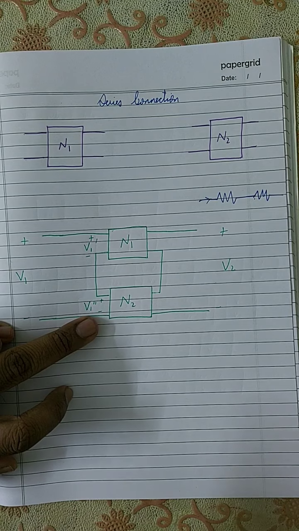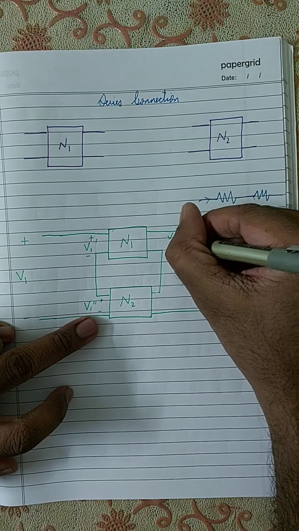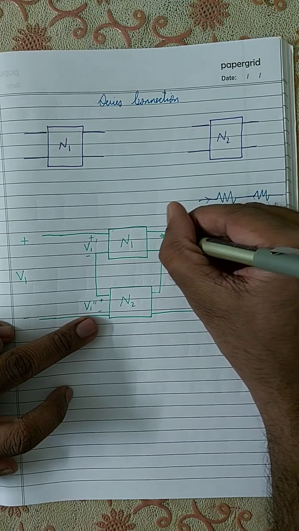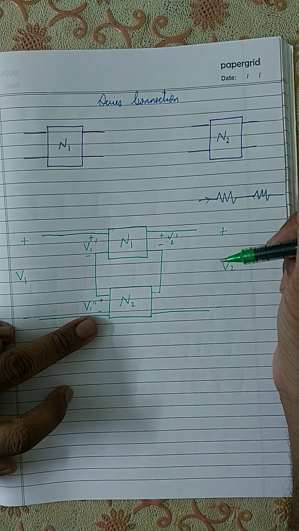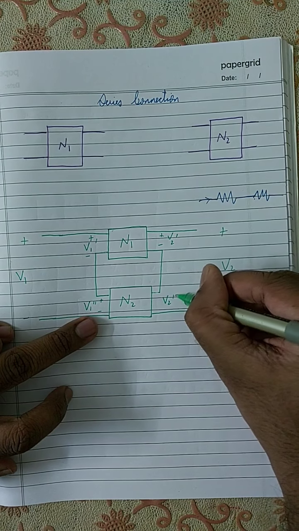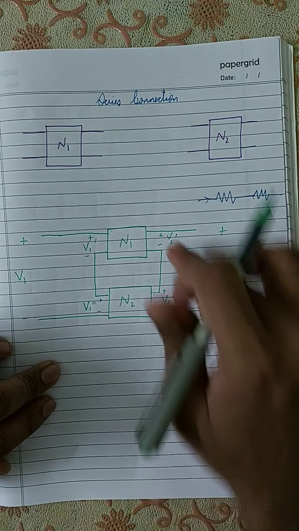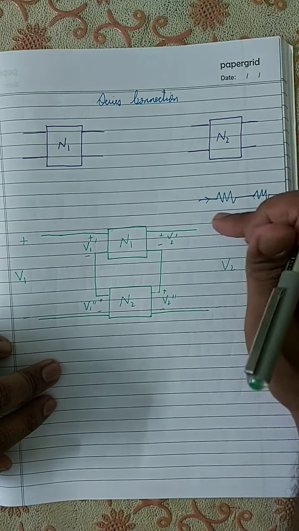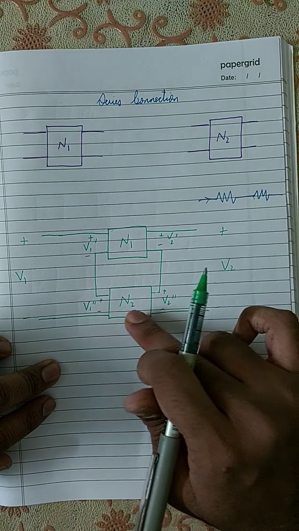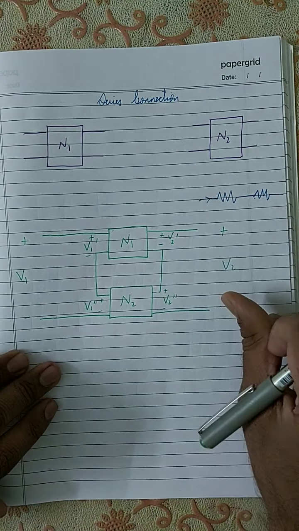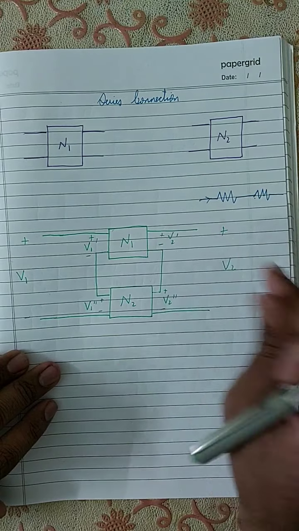Similarly, let V2 dash be the output voltage of network N1, and V2 double dash the output voltage of network N2. So the voltages are being divided.